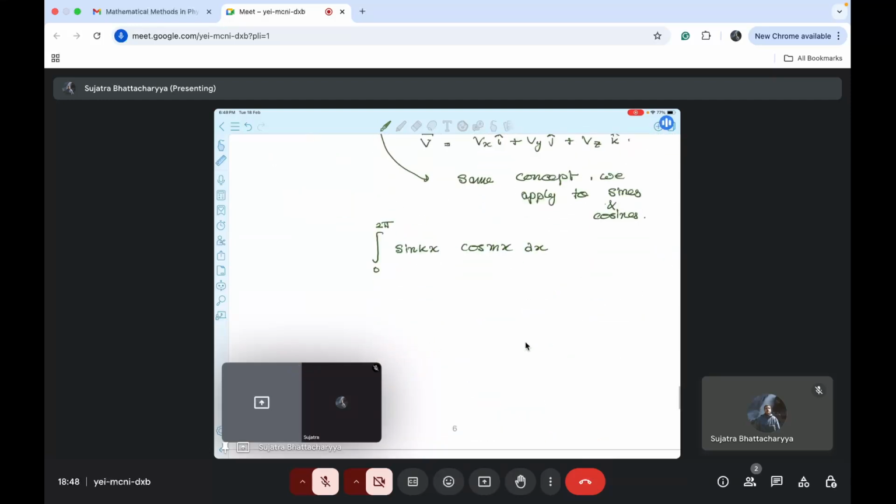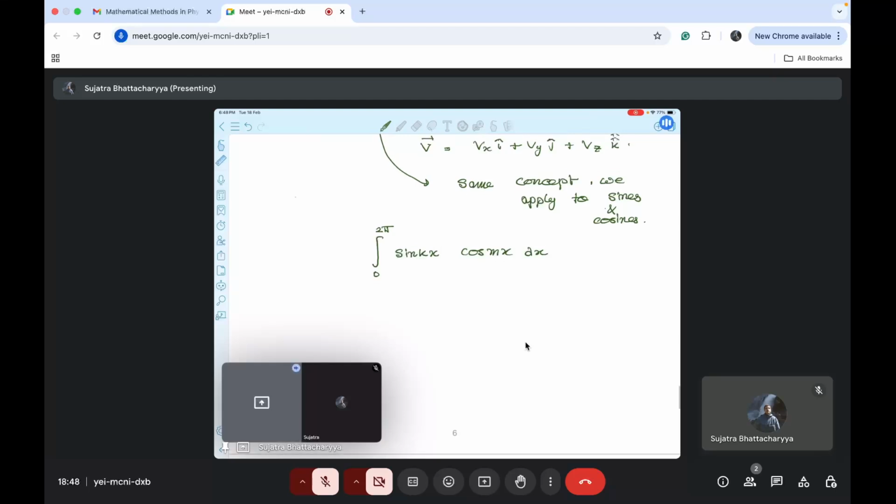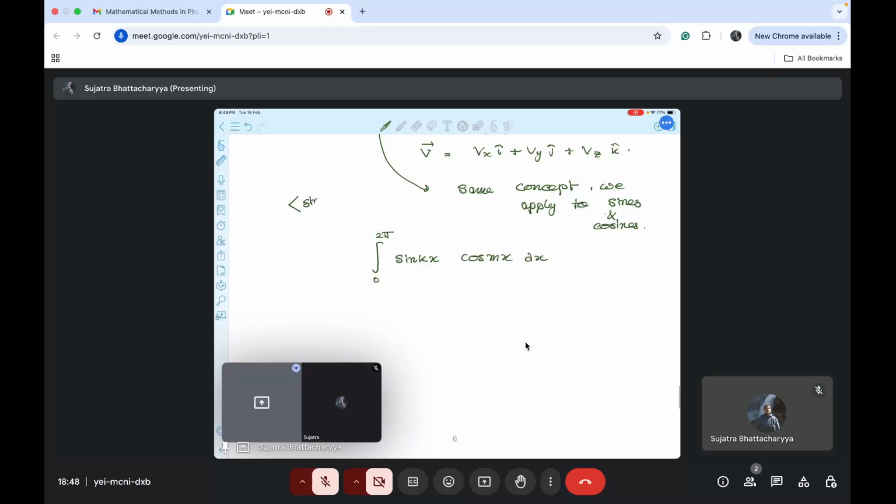So in general I take sin kx and cos mx and integrate between 0 to 2 pi. This actually represents the inner product of sin kx and cos mx. We need the inner product, which in terms of an integral we write like this.